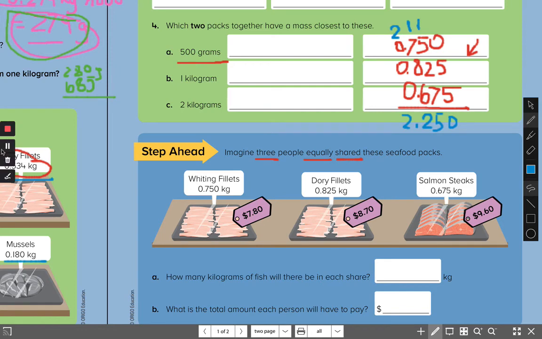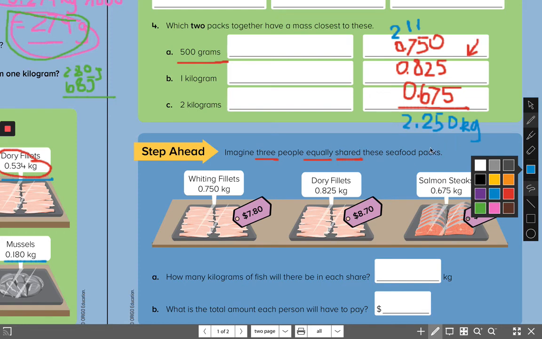into 3 equal parts. Now it's important to remember that we've added everything in kilograms, so this is 2.250 kilograms. So what I'm going to do to divide it into 3 equal parts, I'm going to convert the whole amount into grams.